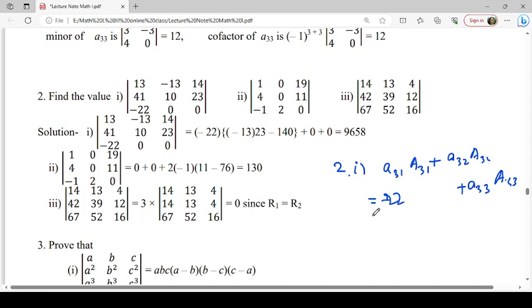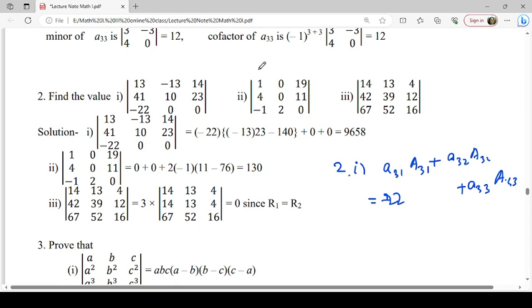Then we evaluate this one. Similarly, in the second one, the second column has two elements that are 0. So here we make j fixed, j equal to 2.